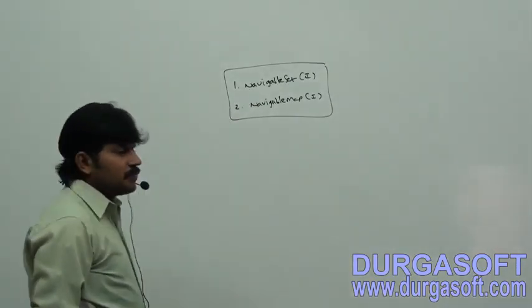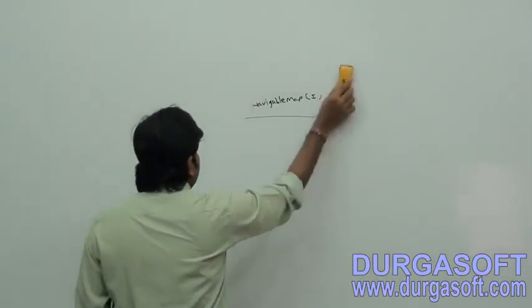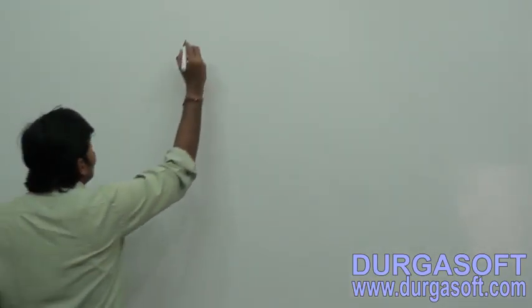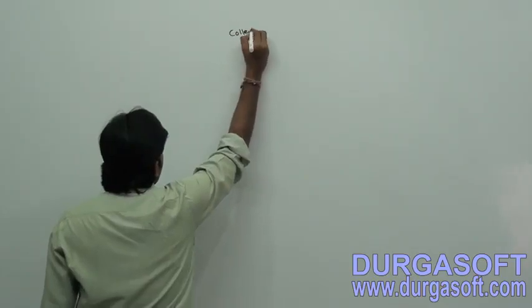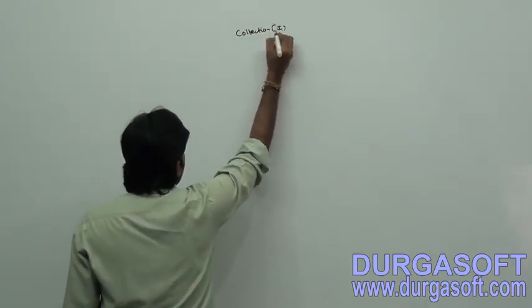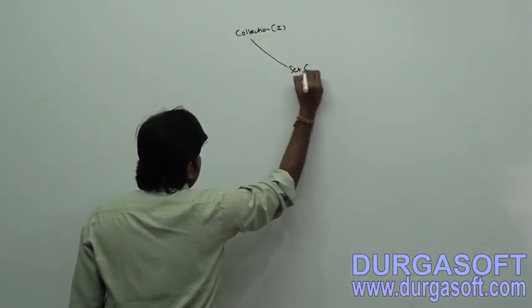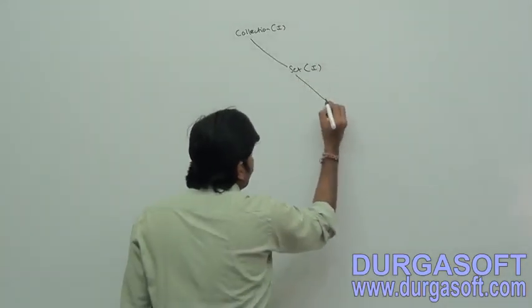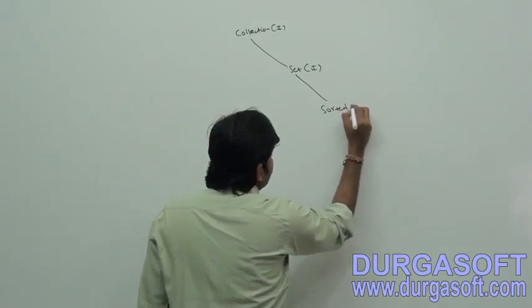Now keep the subheading navigable set. Do you know what its role is, or where navigable set is present in our hierarchy? I hope you remember, we have collection, and then set, and then sorted set we covered.